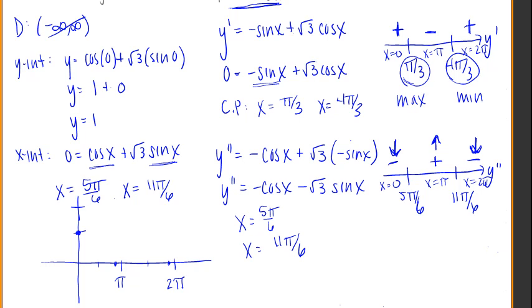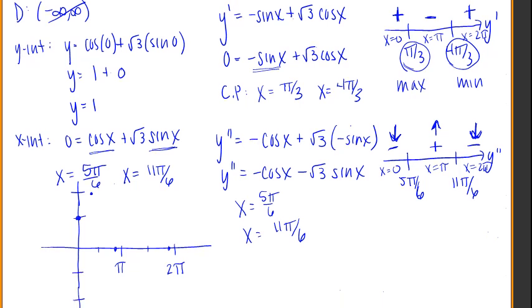So we're going to get right about in there. Okay. And then a min at 4 pi over 3. We should get a y value there at 4 pi over 3 down there at -2.